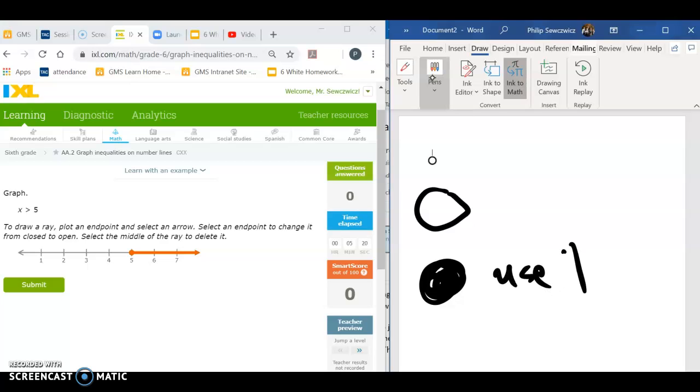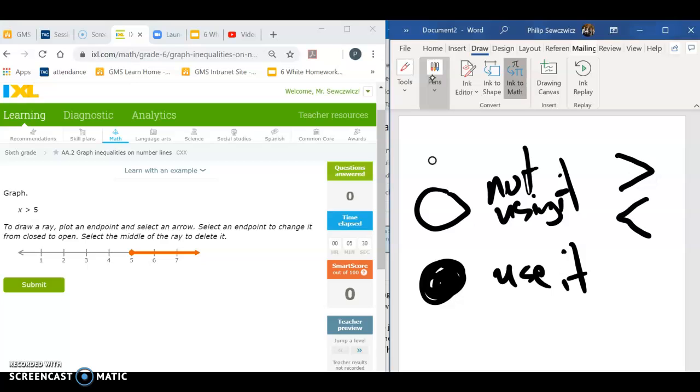If we see a greater than symbol or a less than symbol, then we use the open circle. It's shaded in if we're greater than or equal to, or less than or equal to.